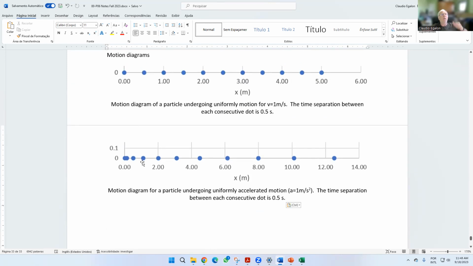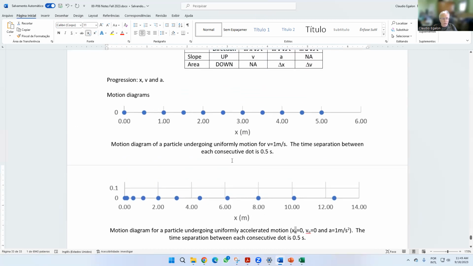It moved half a t squared, which is 0.25 meters, with a equal to 1 meter per second squared. Let's not forget v naught is equal to 0. I have to make sure that I write down x naught equal to 0, v naught equal to 0, and a equal to 1 meter per second squared.